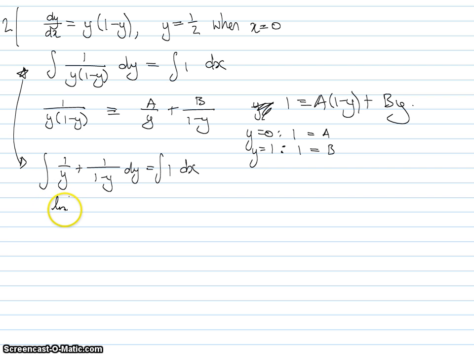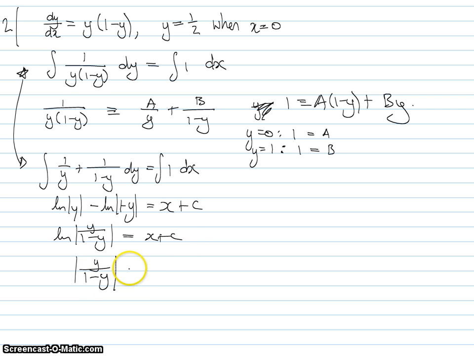This is ln y minus ln(1 − y) is equal to x plus some constant c. We can use our log rules and combine these, and we get ln of y over (1 − y) is equal to x plus c, or rather, the absolute value of y over (1 − y) is equal to A e to the x, where A equals e to the c.